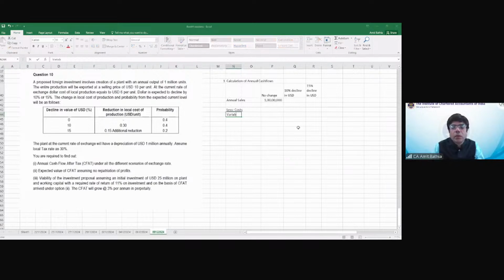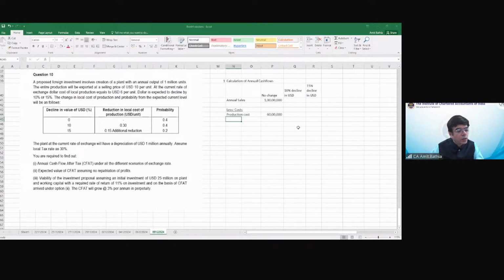So say for example, variable or production cost, right? Language uses production cost. Production cost is $6 per unit. So obviously it is a variable cost, right? This is $6. So that becomes 60 lakhs.